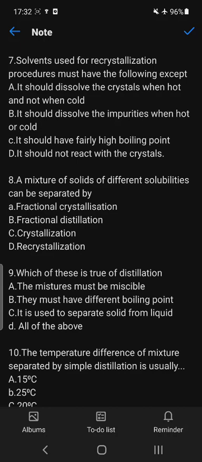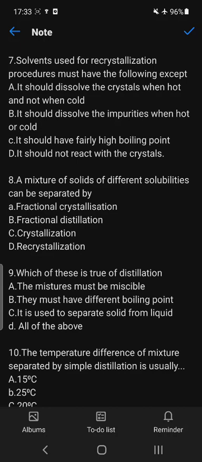So let's get started. Number 7 says, solvent used for recrystallization procedures must have the following except: A, it should dissolve the crystals when hot and when cold. B, it should dissolve the impurities when hot or cold. C, it should have fairly high boiling point. And D, it should not react with the crystals.